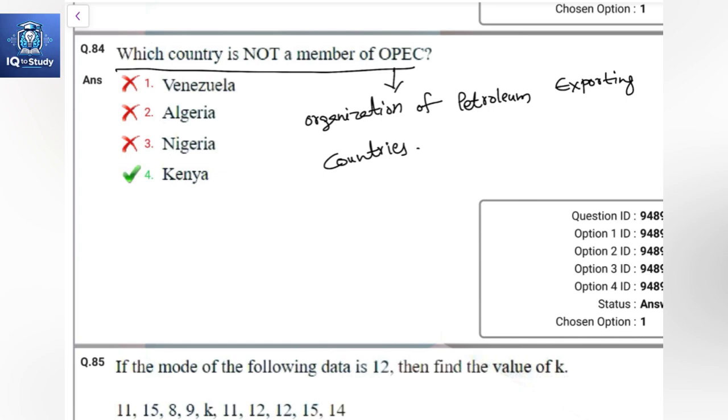It is an intergovernmental organization and it was founded on 14 September 1960 in Baghdad. Kenya is not a member of OPEC.